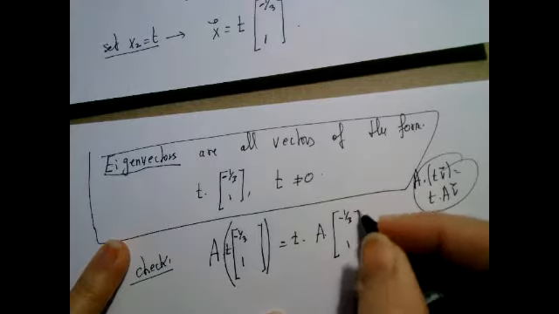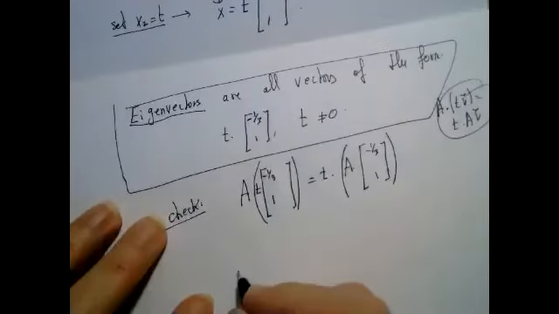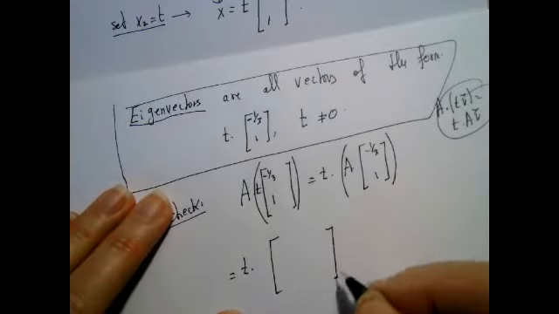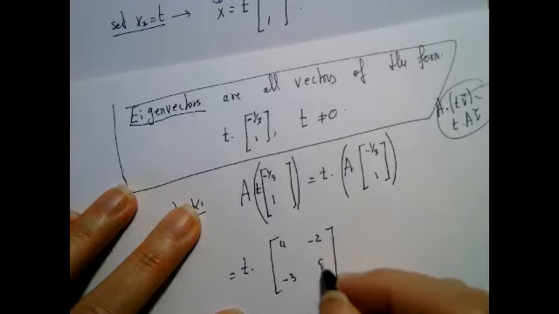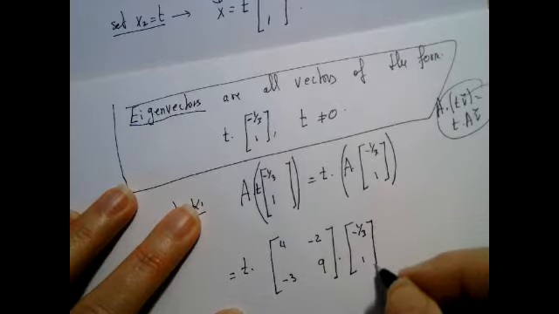I'm just checking to make sure I'm doing it correctly. So this is equal to t times my A, which is 4, minus 2, minus 3, 9, times minus a third and 1.